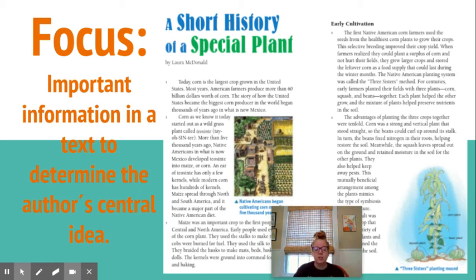So as we read this, what do you think was the central or main idea of this particular story? What do you think the author was mostly trying to tell us, if you had to sum it up in like 1 or 2 sentences?